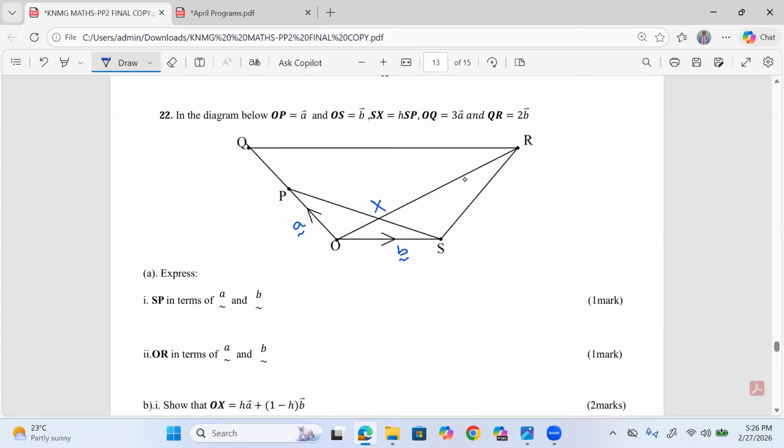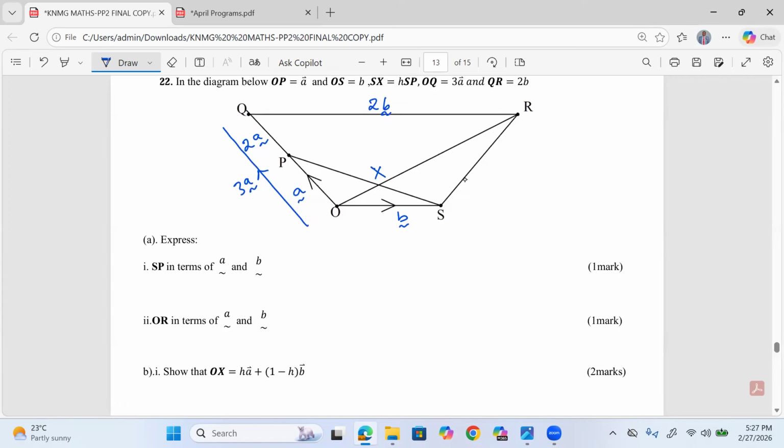OQ equals 3A, meaning that if this was A, then we have 2A like that. From P to Q is 2A, because O to Q is 3A, and already there is A up to P. So that the whole of OQ becomes 3A. Then QR is 2B, like that.